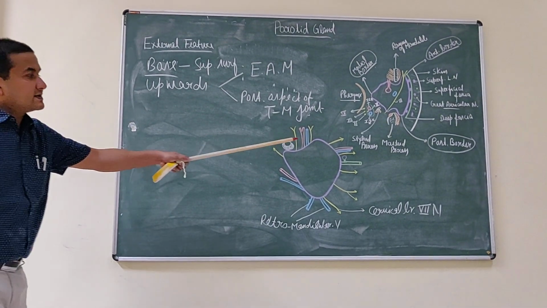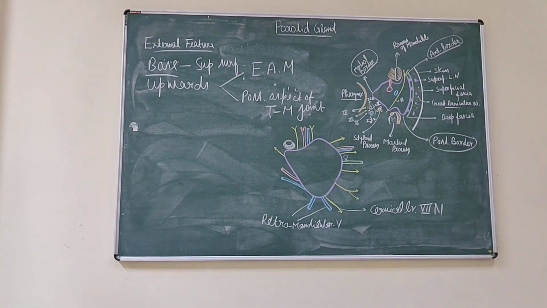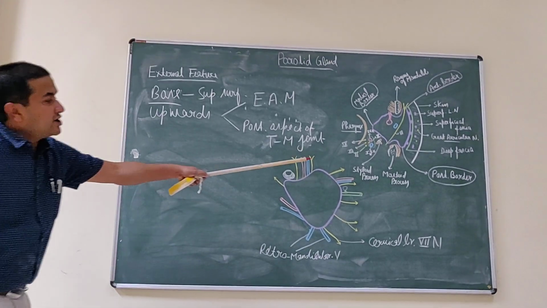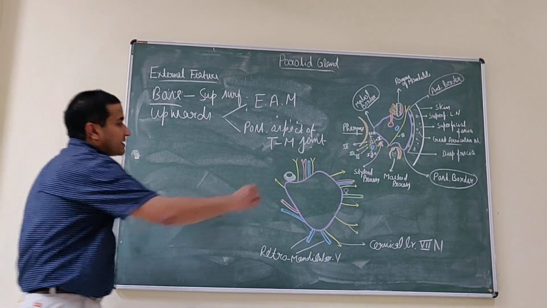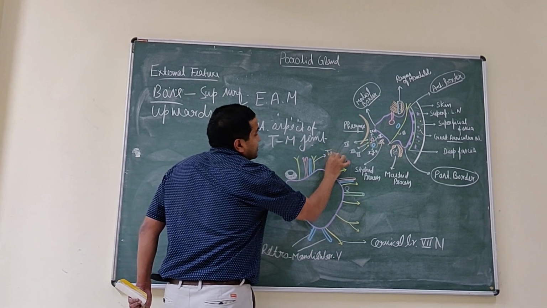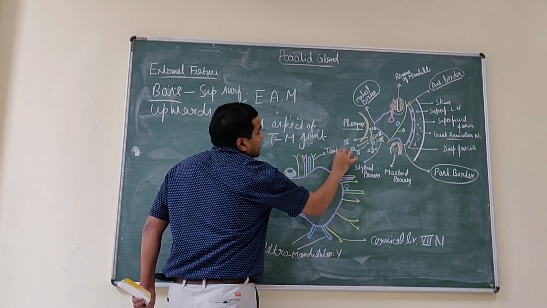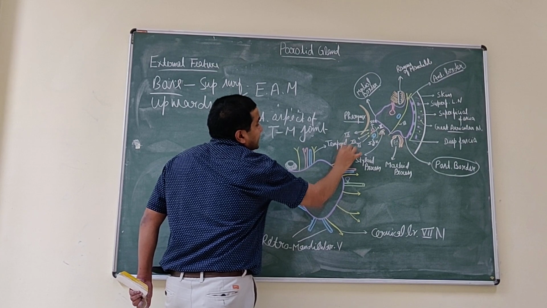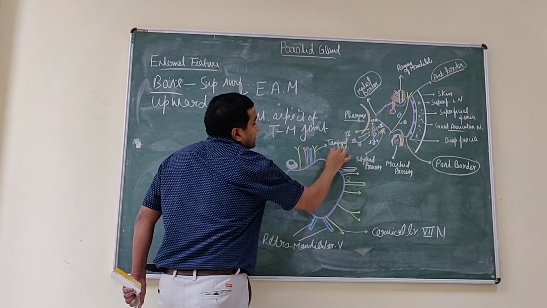Now the structures emerging from the base, from anterior to posterior. Anteriorly, it is the temporal branch of the facial nerve, seventh cranial nerve.